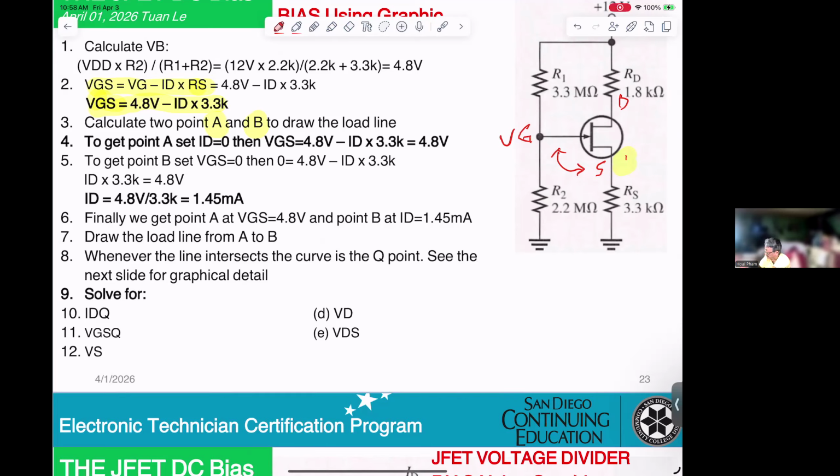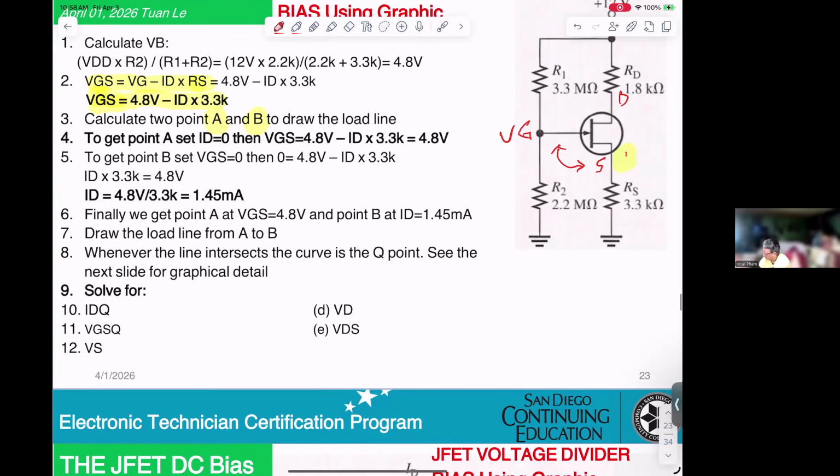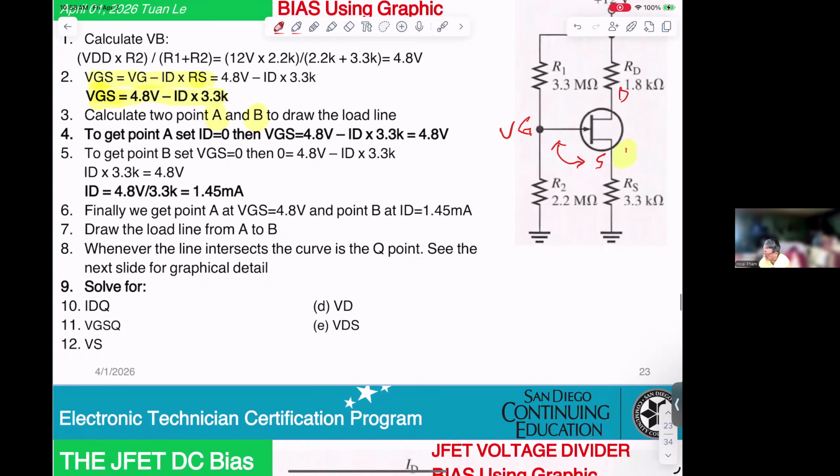So VGS equals VG minus VS. And VG we already calculated with the voltage divider.